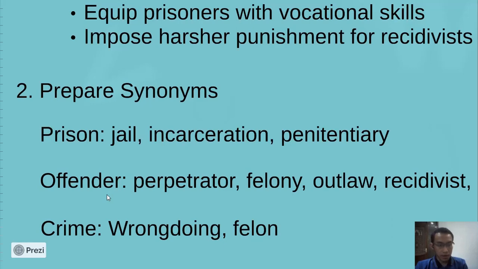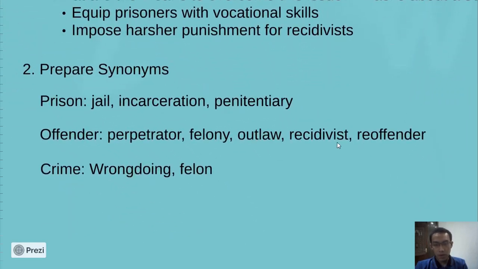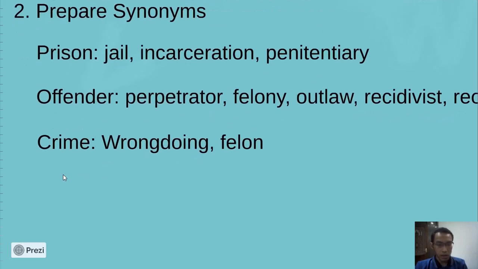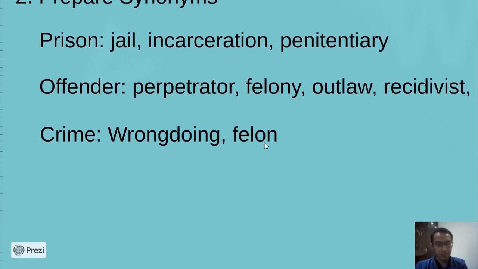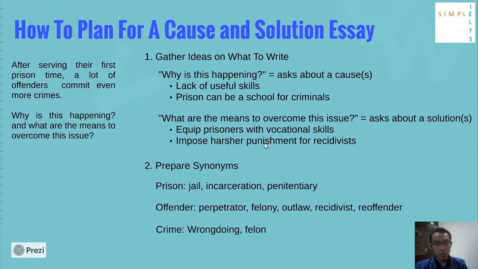As for offender or bad people who commit crimes, can be written perpetrator, felon, outlaw, recidivist, or reoffender. Reoffender and recidivist have the same meaning, which mean they are people who previously have done another crime. Okay, and then for crime, we can write wrongdoing or felony. Okay, so that's how to plan for a cause and solution essay.